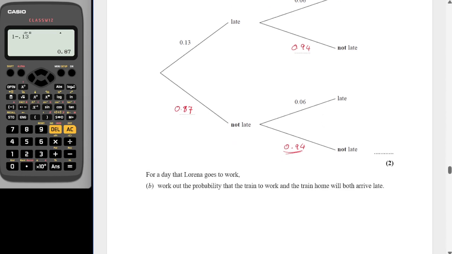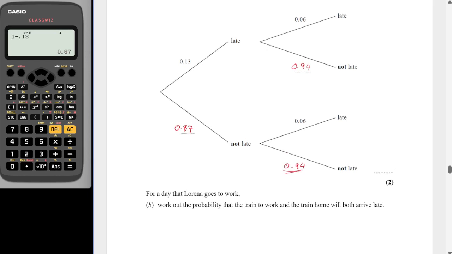For a day that Lorena goes to work, work out the probability that the train to work and the train to home will both arrive late. So that's the top branch, so I'm going to have to multiply those two probabilities together.